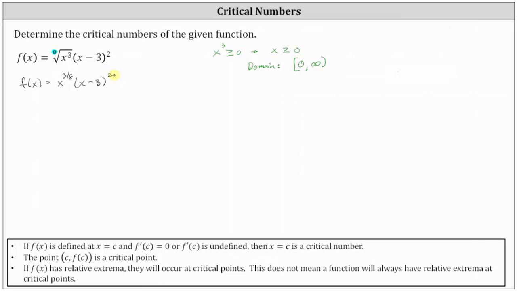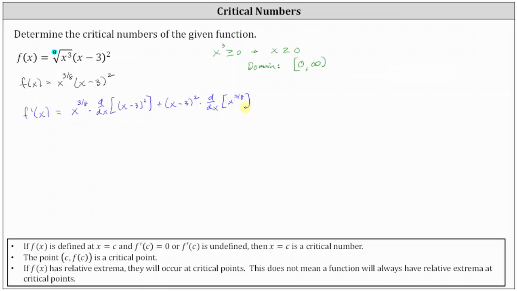Notice to find the derivative, we will have to apply the product rule, where the derivative f prime of x is equal to the first function of x to the 3/8, times the derivative of the second function, which gives us a derivative of the square of x minus 3, and then plus the second function of the square of x minus 3, times the derivative of the first function, which is the derivative of x to the 3/8.